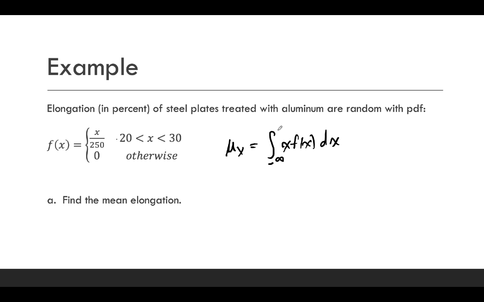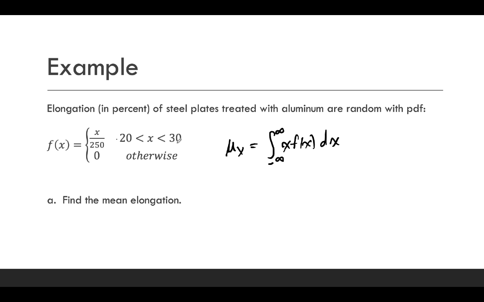My bounds are negative infinity to infinity. However, in this case, if you look at the function, and this is going to be the case often, the function is only defined positively between 20 and 30. So you look over here, you see that it's 0 everywhere except between 20 and 30.